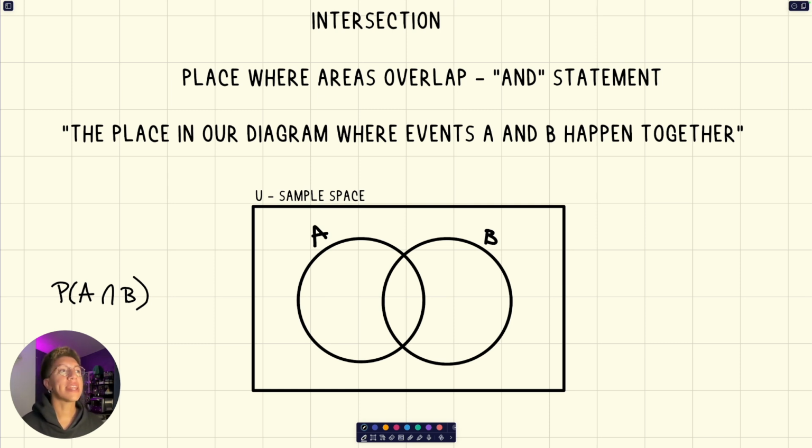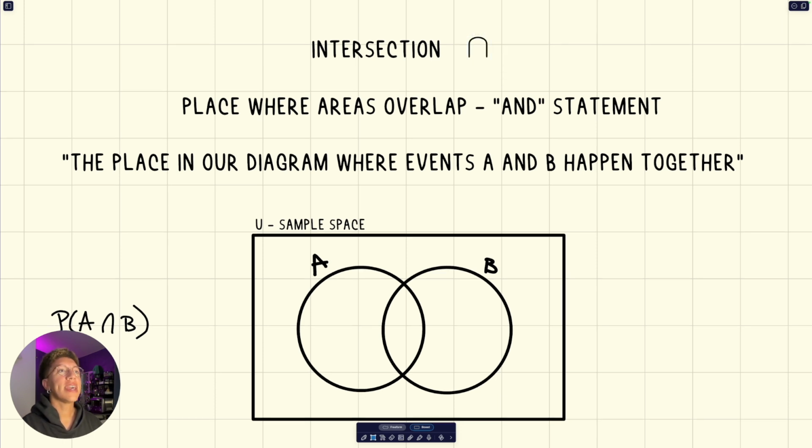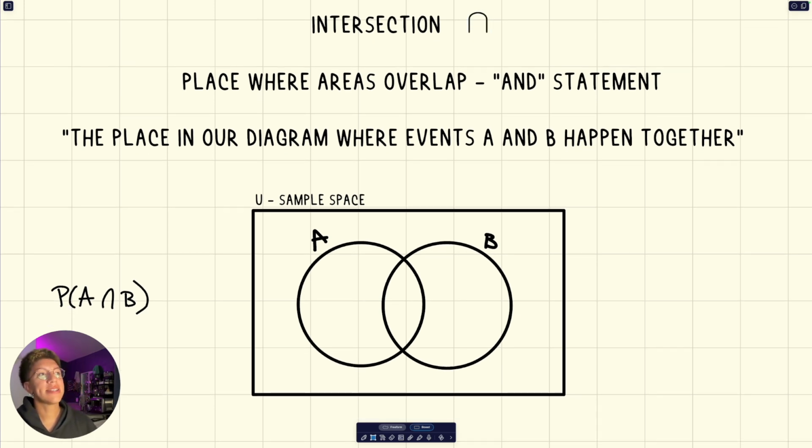It kind of looks like an upside down U, and that represents our intersection. So this is our intersection symbol. And just like we mentioned, this is an AND statement. So if we say the probability of A intersection B, we're trying to find the place in our diagram where events A and B occur together.